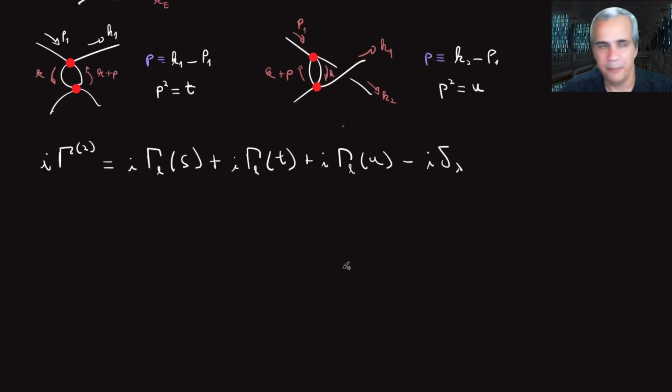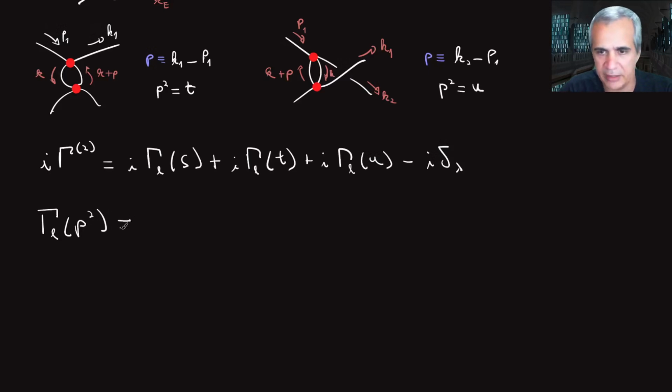Now, there's something very useful we can do here. Now we can take this gamma L, which is a function of p squared, and do a Taylor series expansion for it.